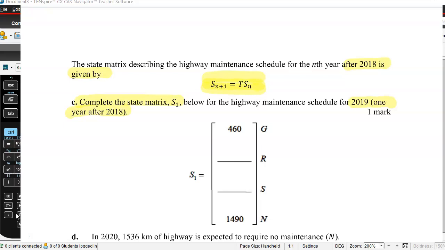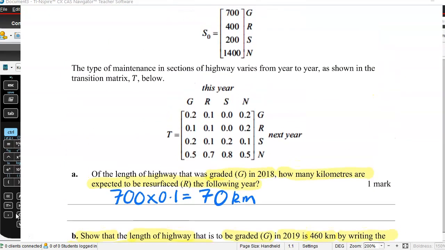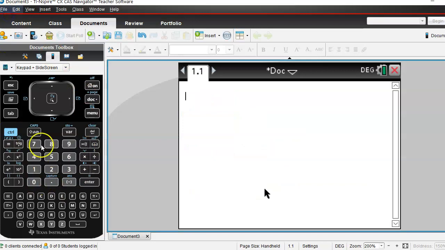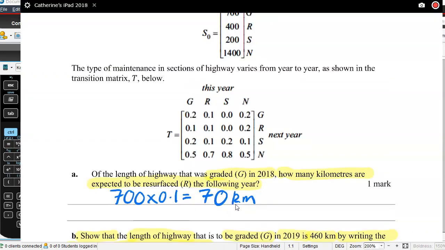So let's go back. I'll start with here. Of the graded roads, 10% are going to be resurfaced. So that's 700 by 0.10 plus, of the resealed roads, 10% are going to be resealed again.